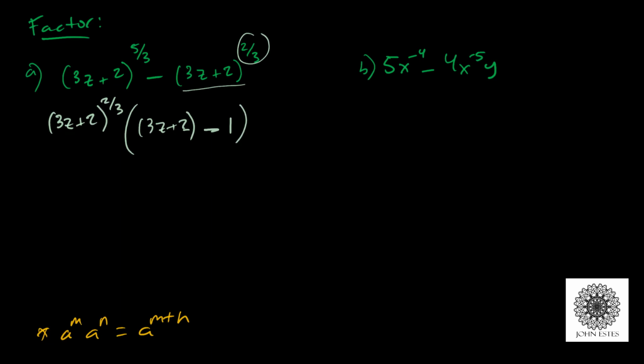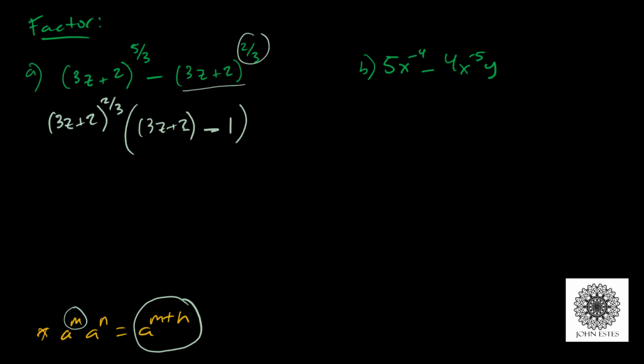Now going back to the first term, I had a 5/3, and now I took out a 2/3. The 5/3 was on the m plus n side of my equation, and I took out a 2/3, so the m might be 2/3. So 2/3 plus what gives me 5/3?